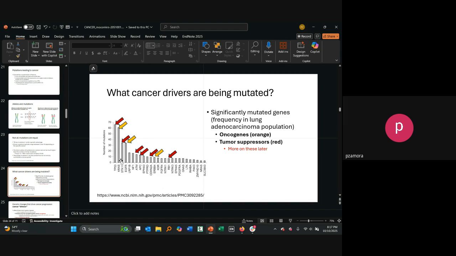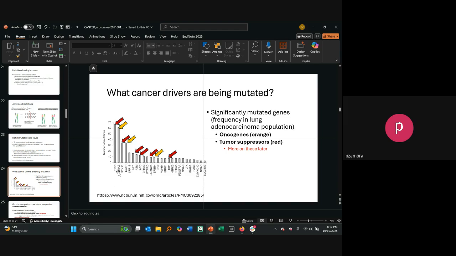And what I've done is in red, point out the tumor suppressors, and in yellow, the oncogenes. And you can see that as an incidence level, both the oncogenes and tumor suppressors are quite well represented. These, in fact, represent the highest percentage of driver mutations in a given cancer. They have a lot of funky little names over here, some of which we'll be talking about.